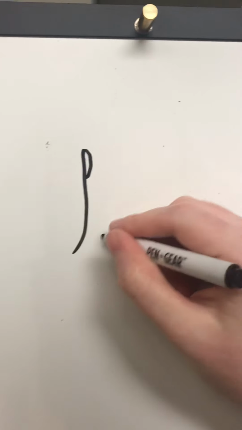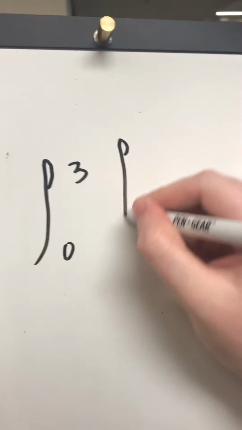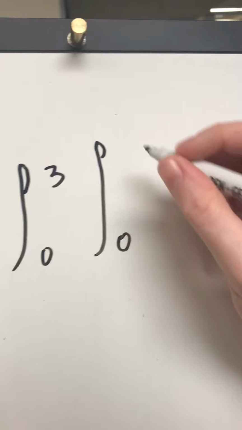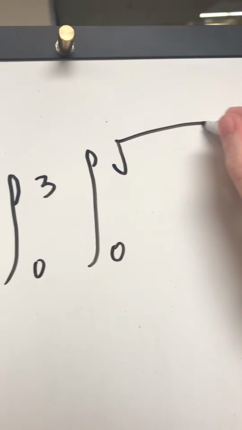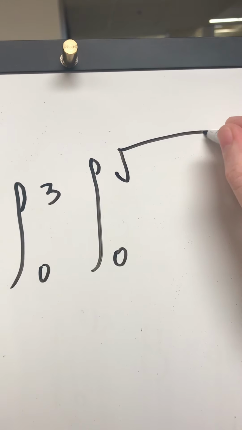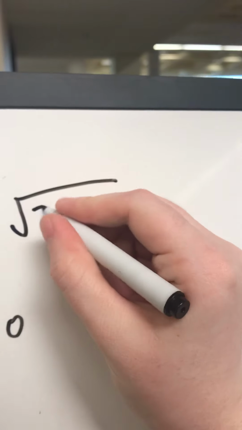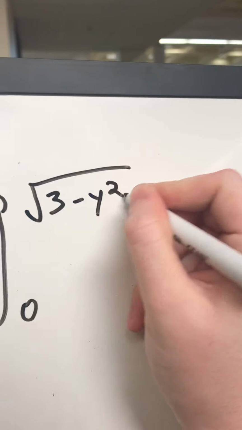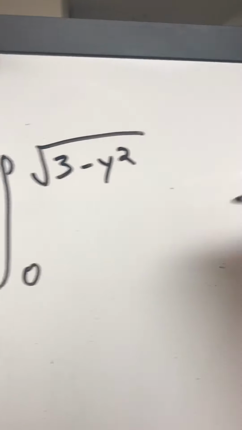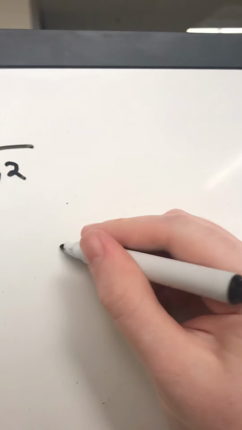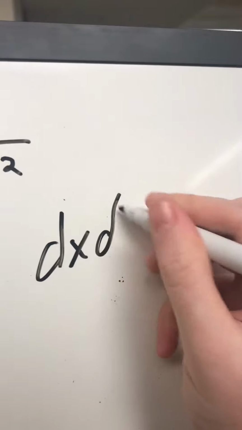Our next problem is the integral from 0 to 3, to 0 to the square root of 3 minus y squared of dx dy.